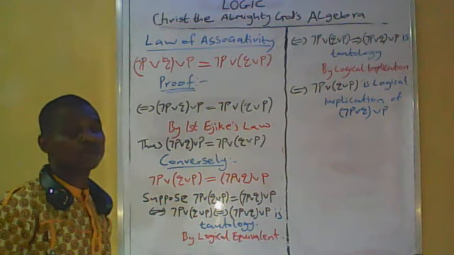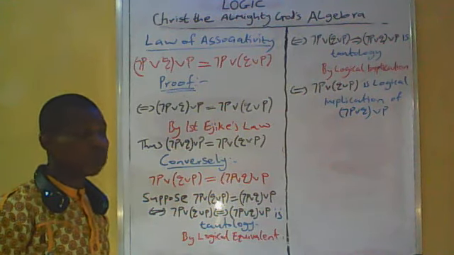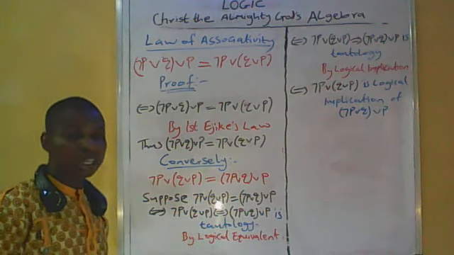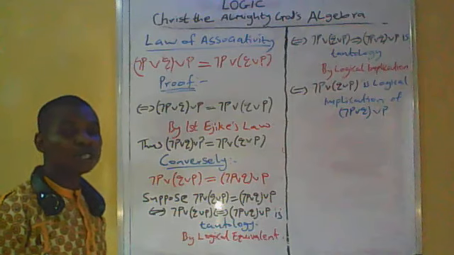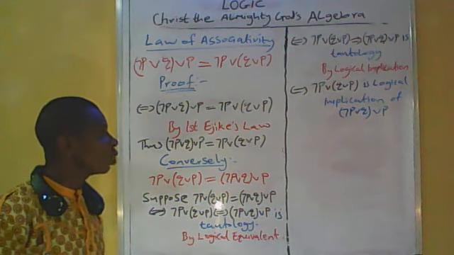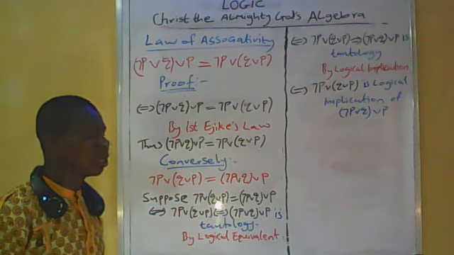Because the statement is a tautology, there is no possibility of ascertaining falsity in the statement. So it is certain that not P or (Q or P) exists.